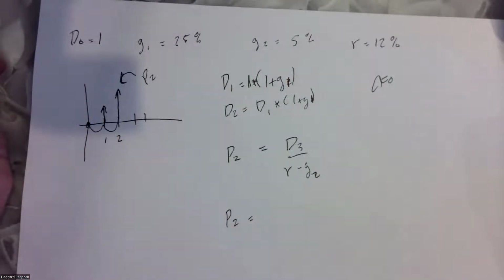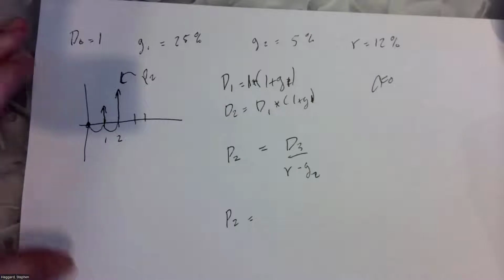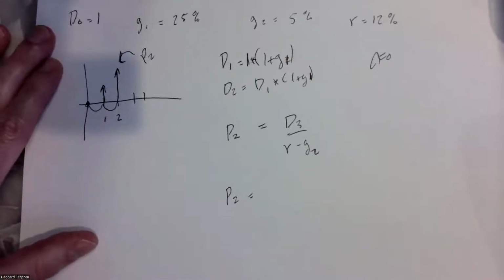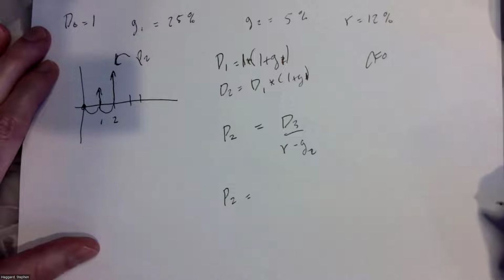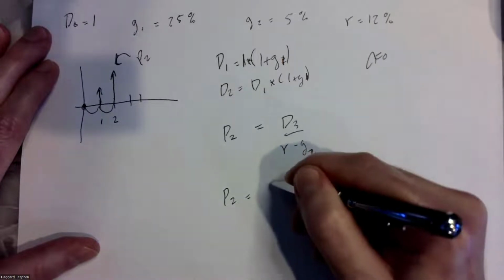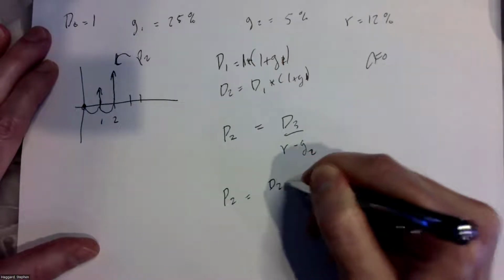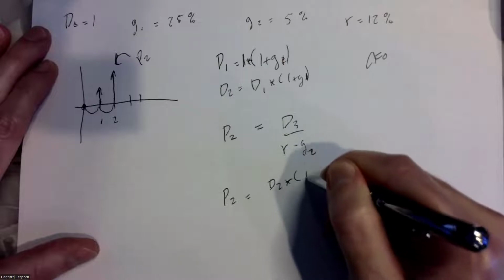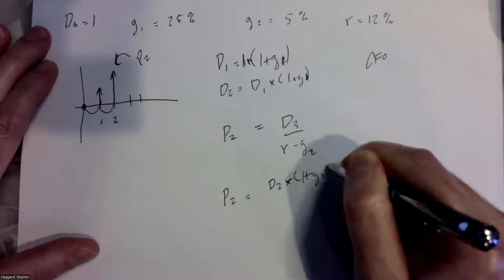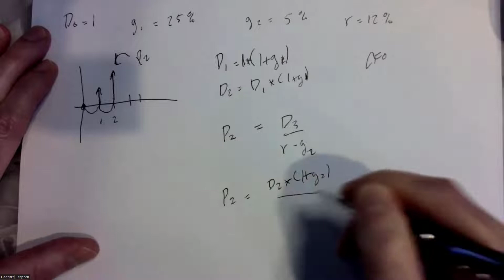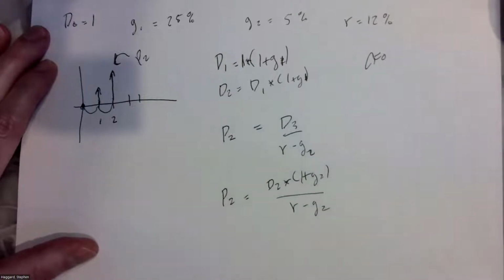Can anybody tell me how we're going to get to D3? By incrementing the dividends by the growth. Yeah, supernormal growth. Very good. Thank you. And it's going to be the second growth rate. And so that's going to be what we do for P2.